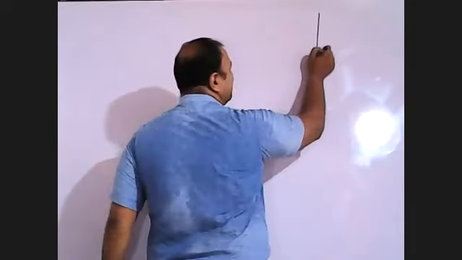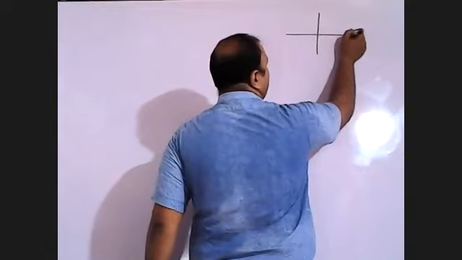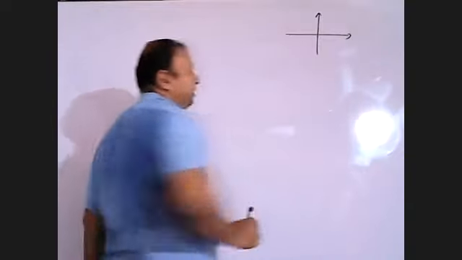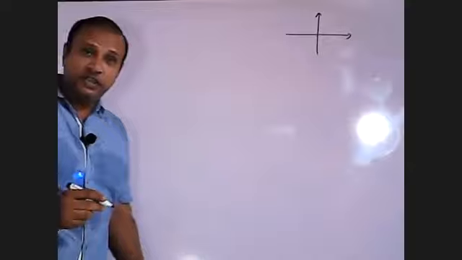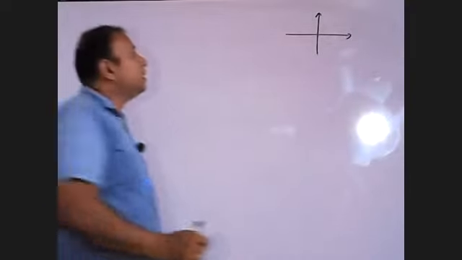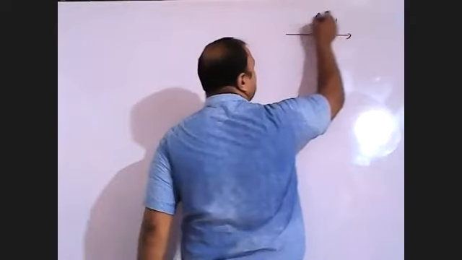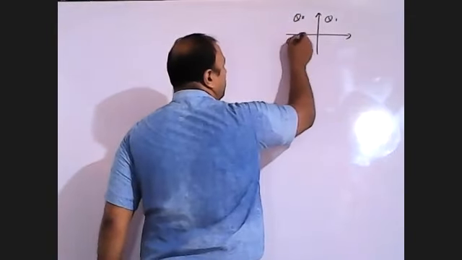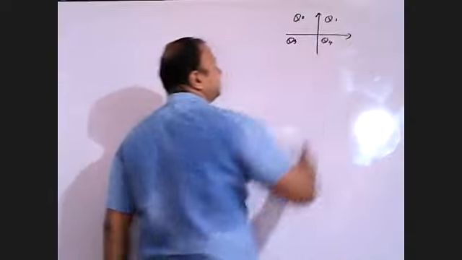What is that? Sign of the trigonometric ratios according to the quadrant. So this is Q1, this is Q2, Q3, Q4.